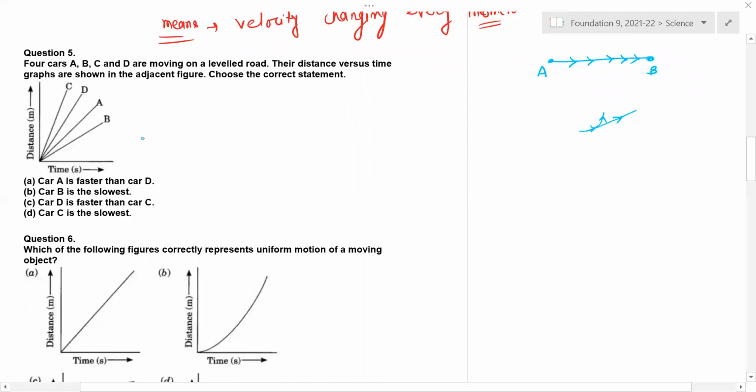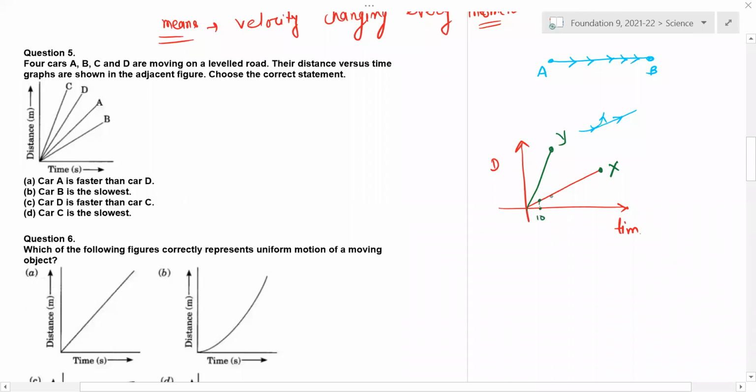See, car A, car B, C, D, there are 4 cars. So it says, if you try to plot a graph, with 2 examples I will explain. This graph shows distance on the Y-axis. This shows time. I'm taking 2 examples. Say this is car X, this is car Y. I'm taking a time interval, say 10 seconds.